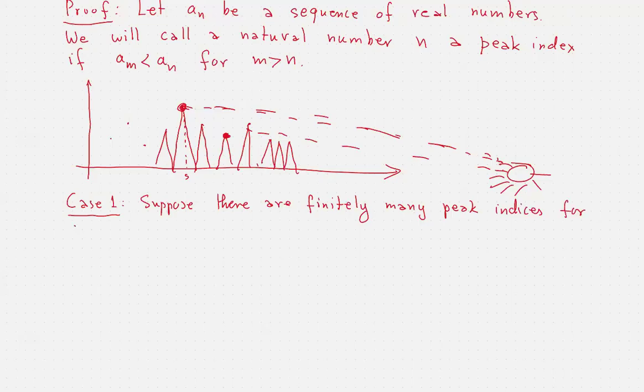So let n_1 be a natural number greater than all the peak indices.